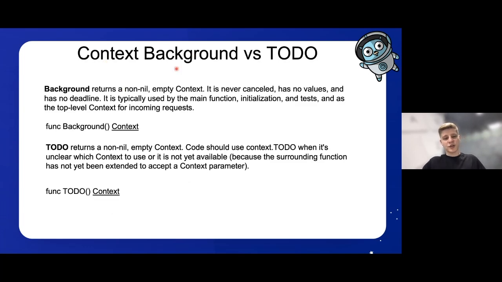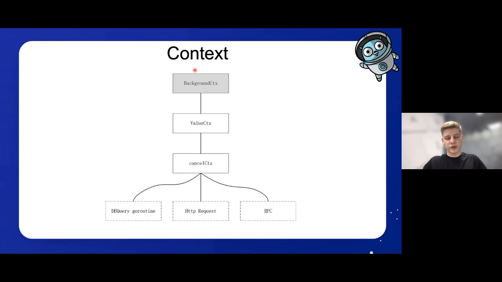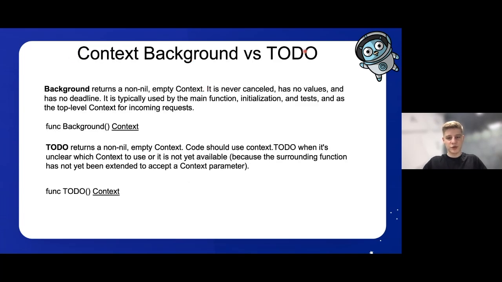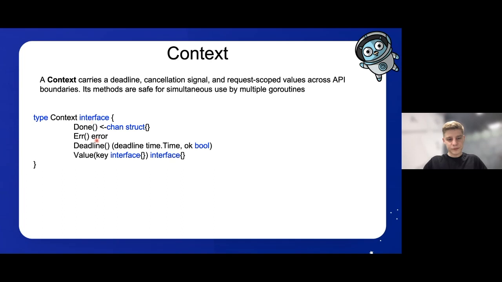So, and actually, except for this background that you can see here, we have TODO as well. Let's understand what the difference between them is. Background and TODO both return value nil all the time. It can receive any value. It doesn't have a deadline. It doesn't have any errors, and it can't send any Done.